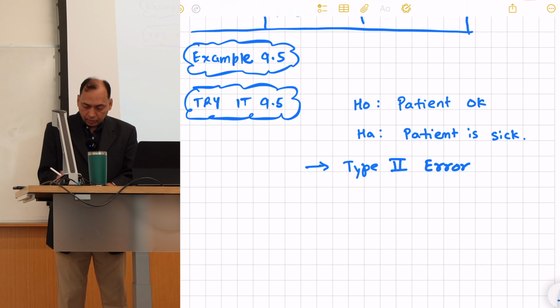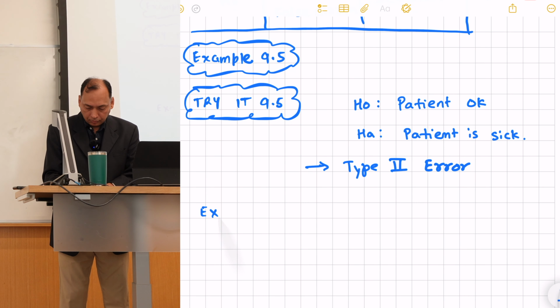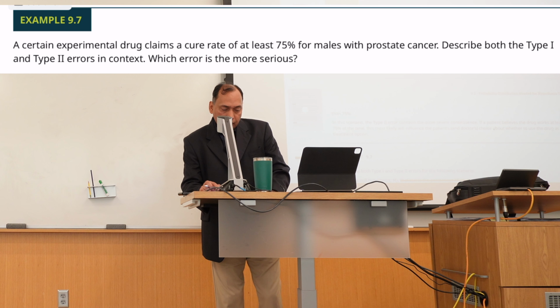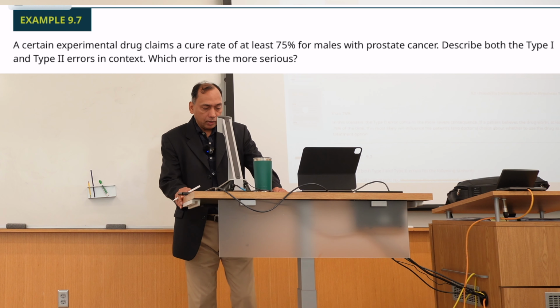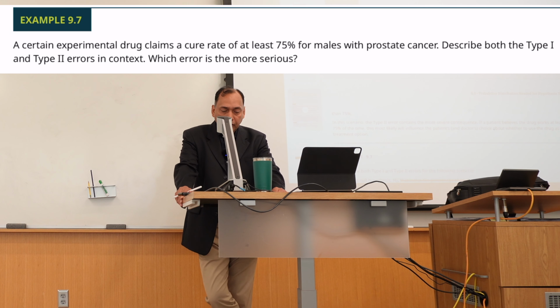9.7 example. A certain experimental drug claims the cure rate of at least 75% for males with prostate cancer. Describe type 1 and type 2 errors in this context, and then which error is more serious?